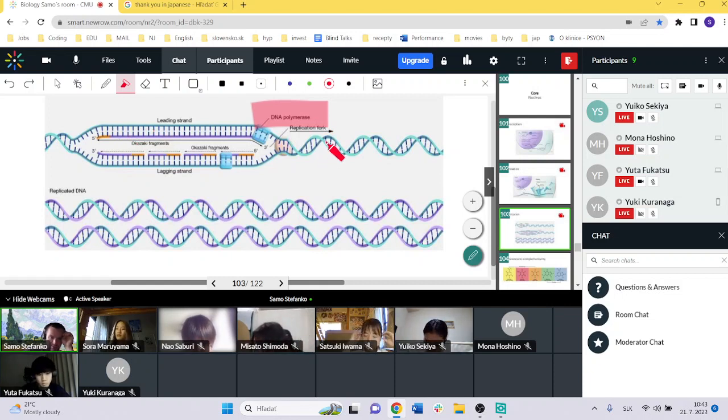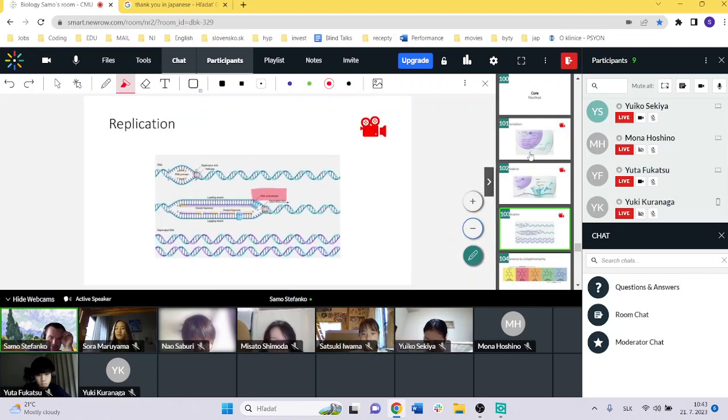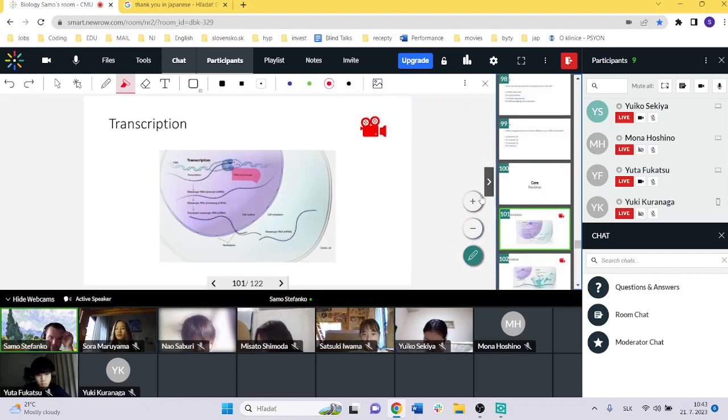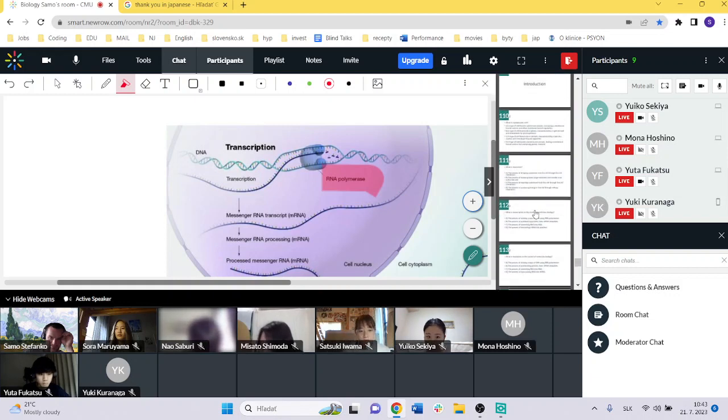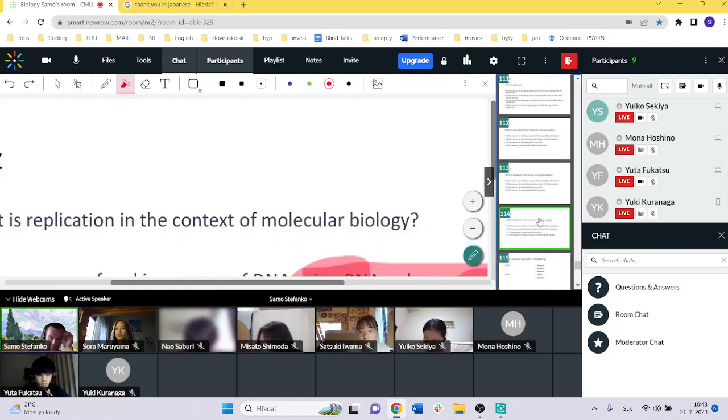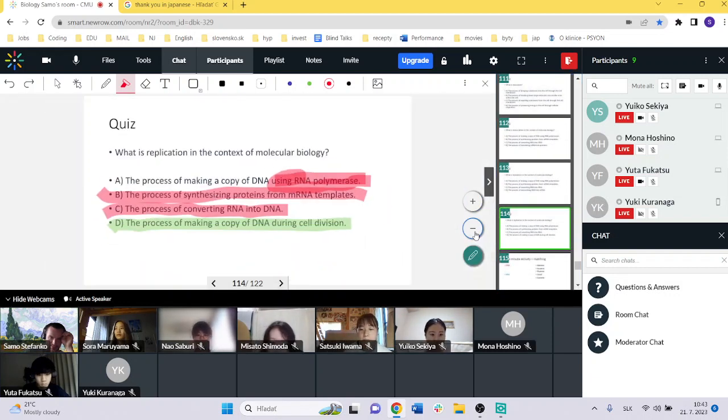Very similar name, but totally different process. DNA polymerase is responsible for replication, whereas during transcription, RNA polymerase plays a crucial role. So you went for this very correctly and you found it.